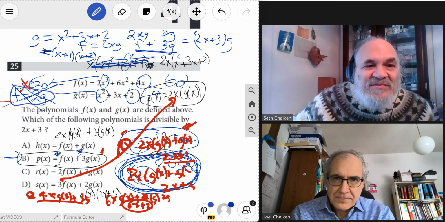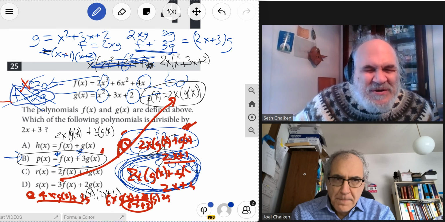And so 2x plus 3 is not a factor of g. So it's not a factor of arbitrary combinations of f and g.